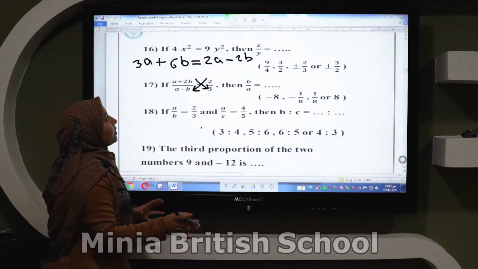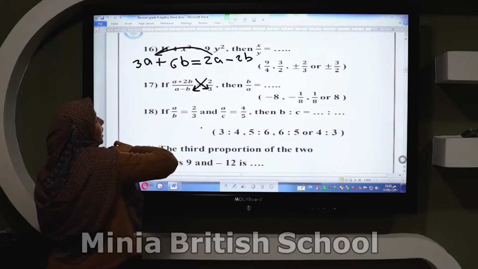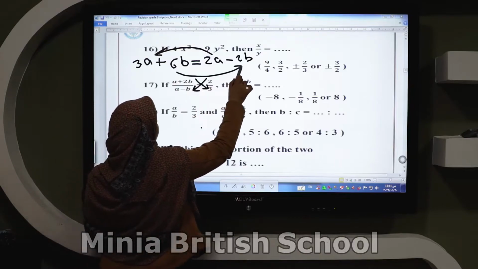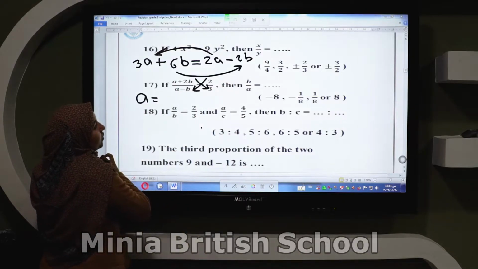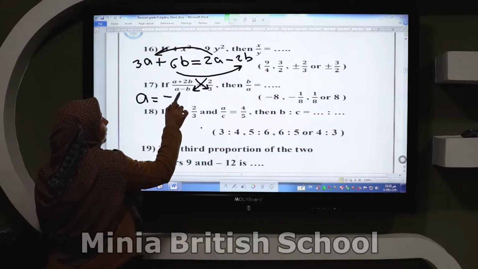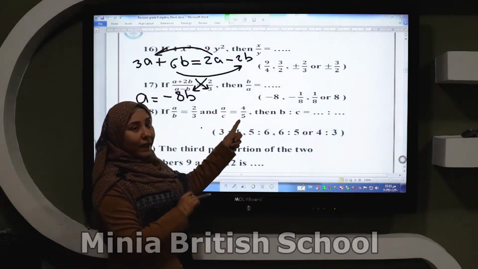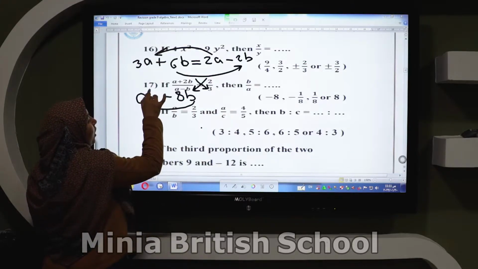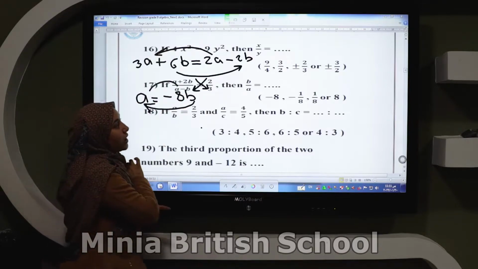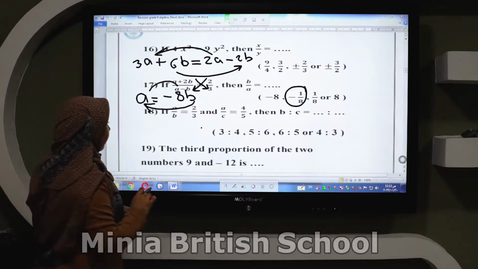Now you can simplify them. You can move 2a here and also 6b here. We got a equals negative 8b. Now I need to find b to a. b to a equals 1 over negative 8, so negative 1 over 8.